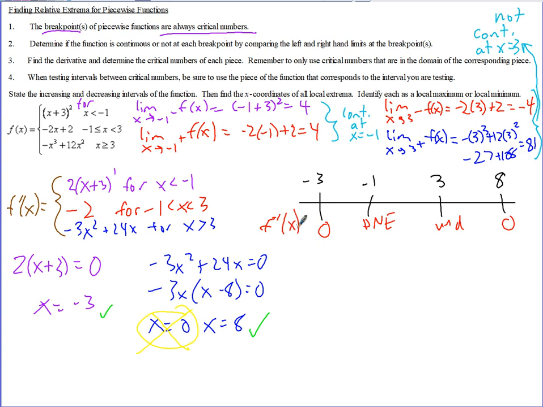So just make sure when you're testing your derivative, you use the correct piece. Here the piece for -4 would be less than -1, so -4 plus 3 is negative, times 2 is negative. Here you could test -2, which fits in the same interval. -2 plus 3 is positive, times 2 is positive.